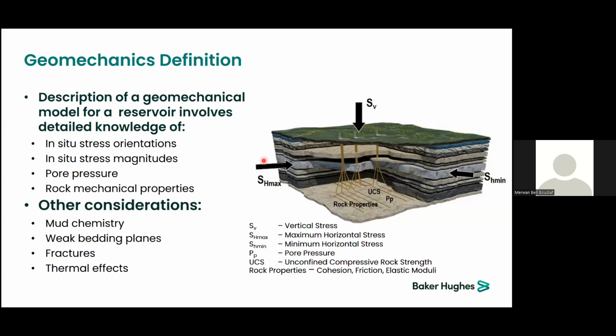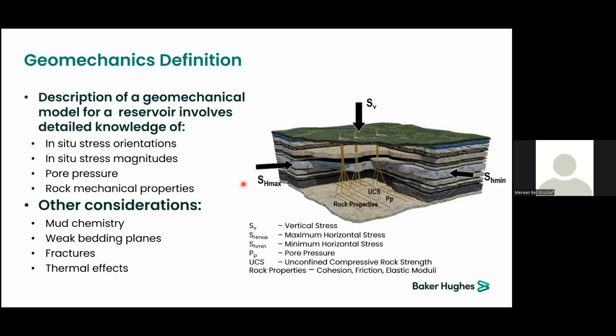We have two horizontal stresses, noted SH max and SH min, one being the maximum and one the minimum, and we have one vertical stress called SV. Those horizontal stresses have a different orientation depending on where you are located on the planet, or dependent on any fault or geological structure that is proximate to your well.